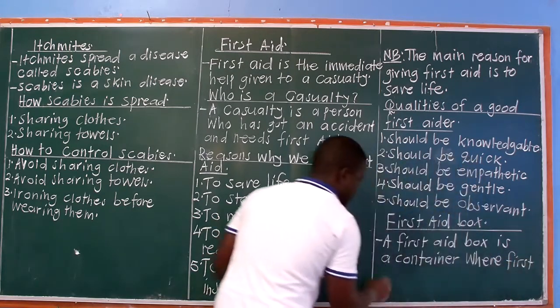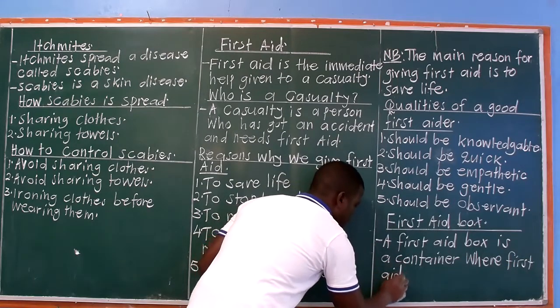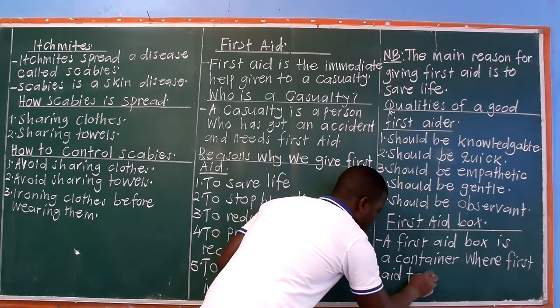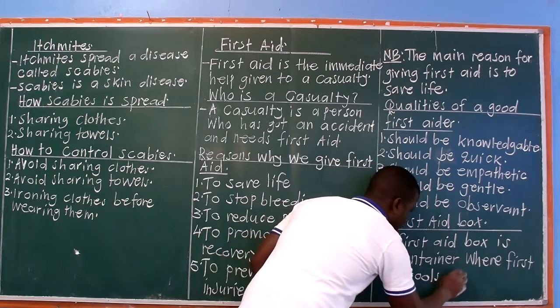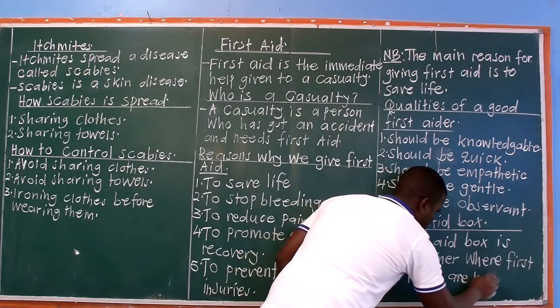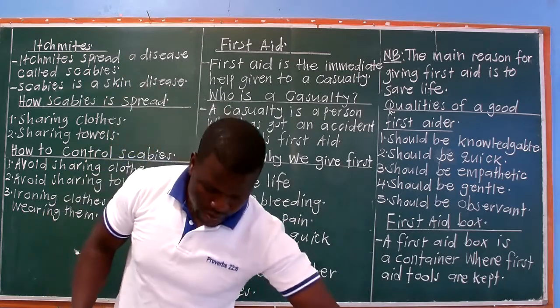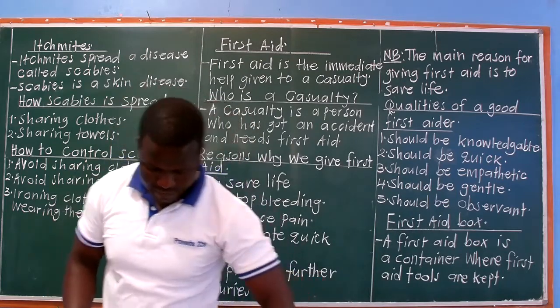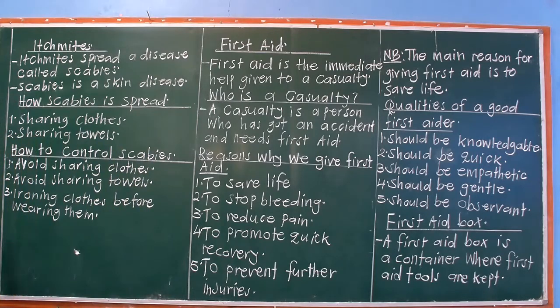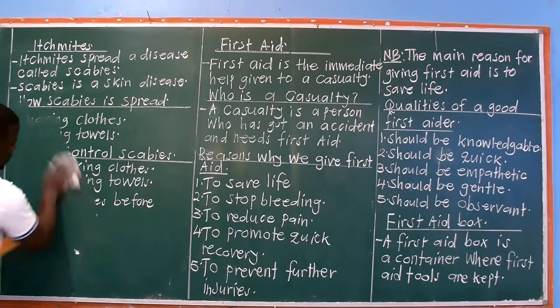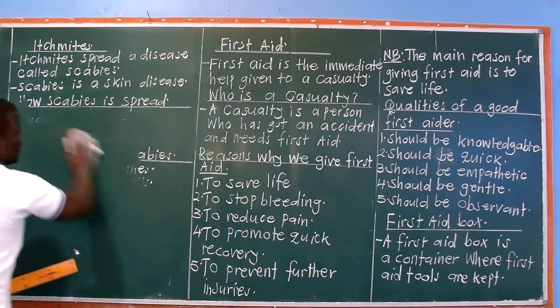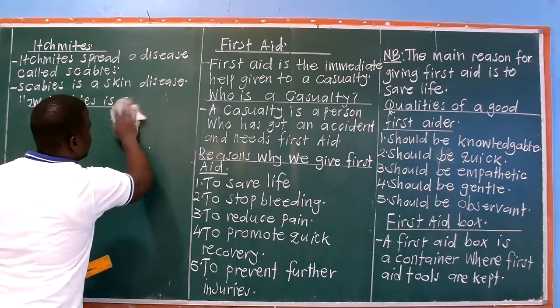A first aid box is a container where first aid tools are kept. That is what you call a first aid box.